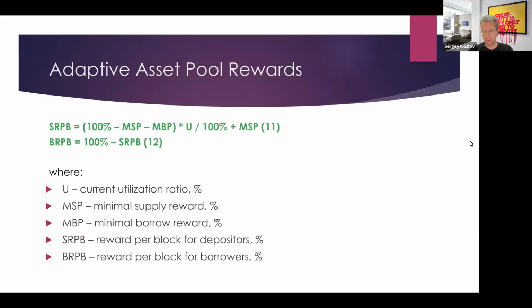What we also have in our DeFi protocol is the so-called adaptive asset pool rewards. What am I talking about? In what way is this lending protocol different from classical banks? One of the things is that in a simple bank, you cannot get an additional token reward on your deposit.